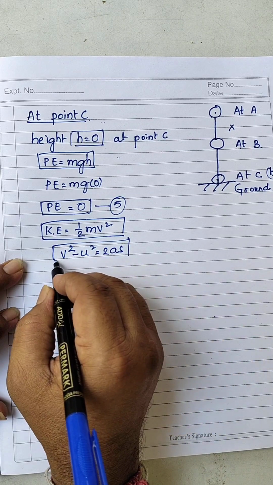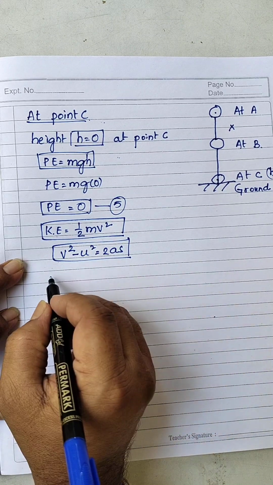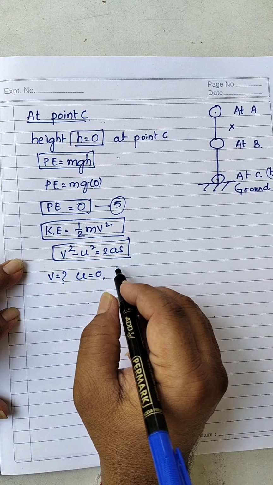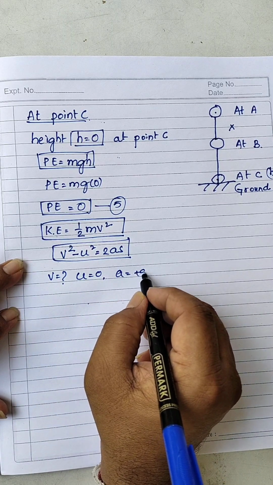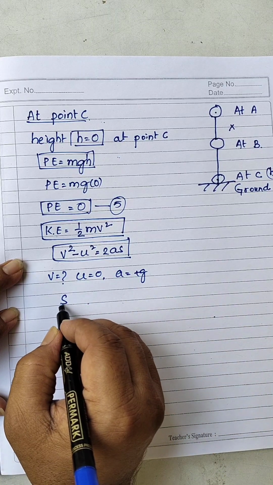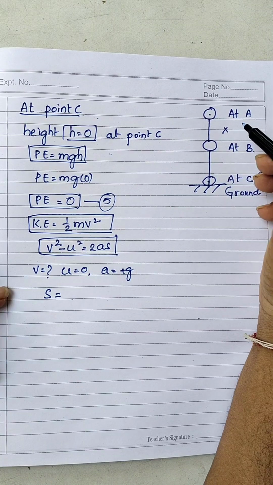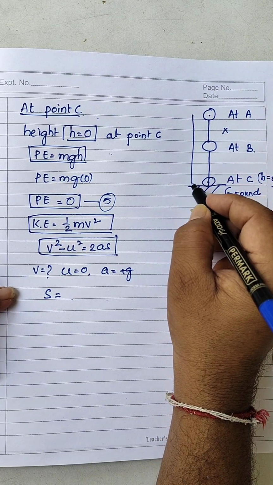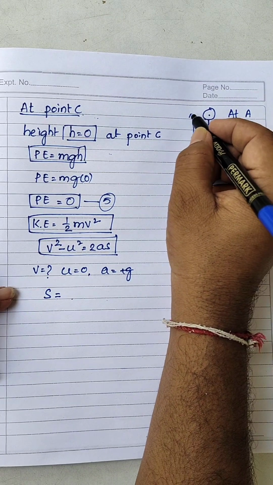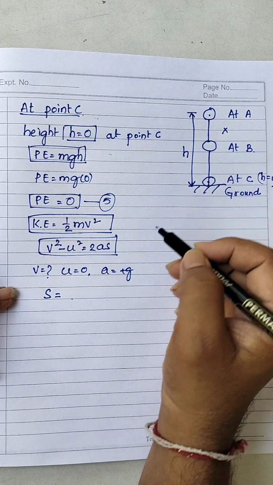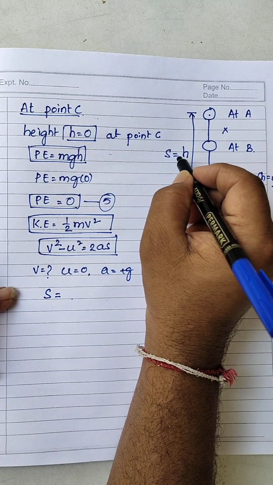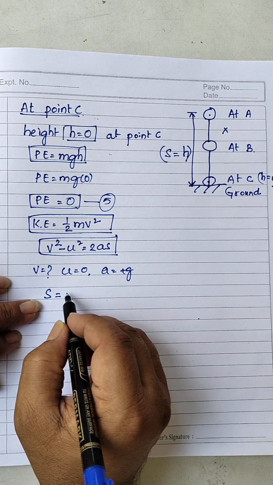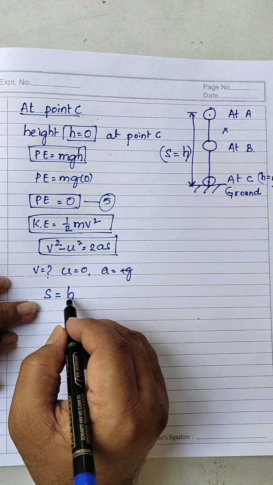In this formula v we need to find out, u is equal to 0 and a is equal to plus g, and displacement s is equal to what? So from A to C the total traveled distance or displacement is height. So can I write displacement is equal to h at point C? Yes. Displacement s is equal to h.